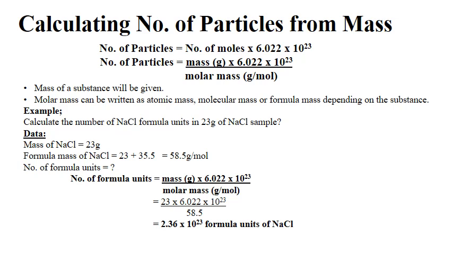This gives us very important information: if we have 23 gram of sodium chloride in a dish, it's going to have 2.36 into 10 raised to power 23 formula units of NaCl in it.